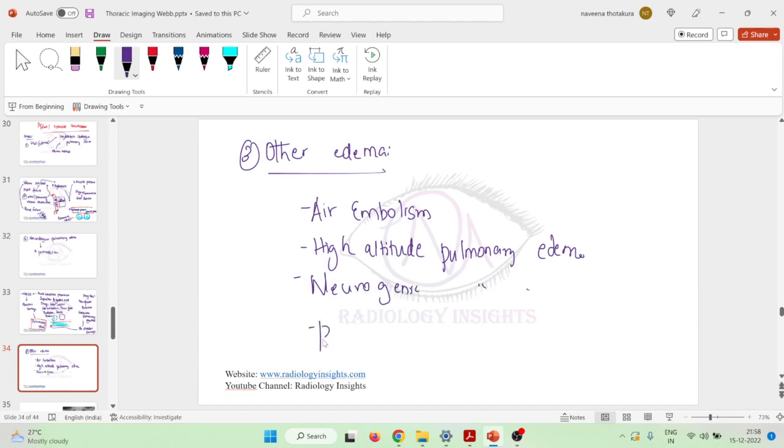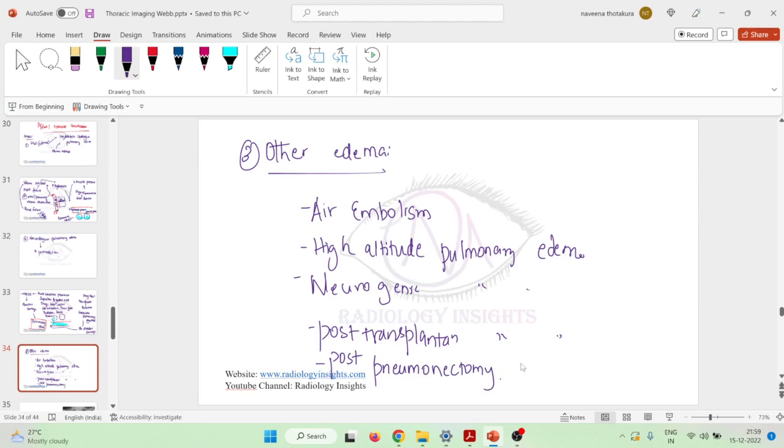Then after transplantation, if the patient develops pulmonary edema, we call it post transplantation pulmonary edema. Or if the pulmonary edema occurs after pneumonectomy, after removing the lung, then it is called post pneumonectomy.